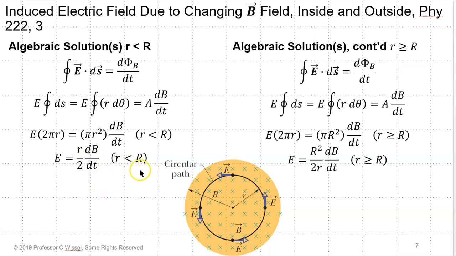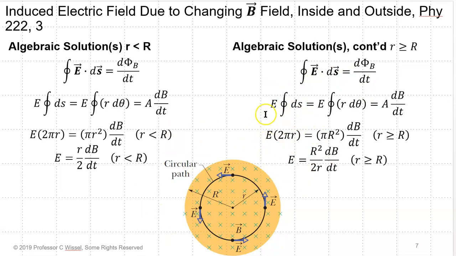And this is for little r less than big R, in other words, inside this yellow magnetic field here. Okay, now for the area outside the magnetic field, where little r is greater than or equal to big R, we still have Faraday's law. The integral of E dot ds equals dΦ_B/dt. We can pull the E out because it's constant along the loop.